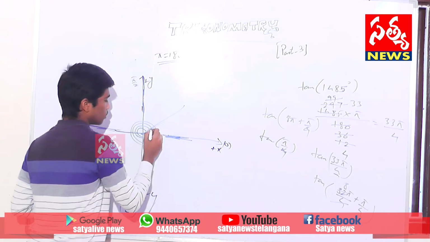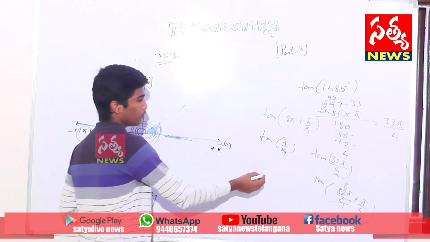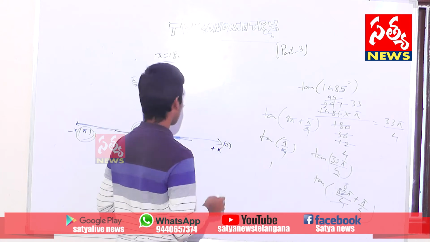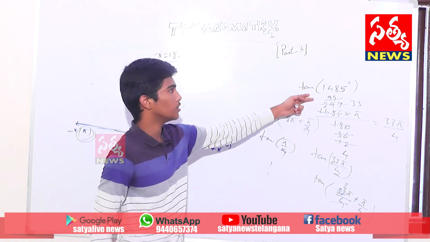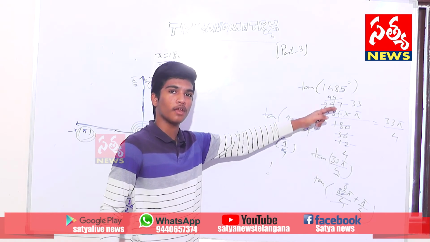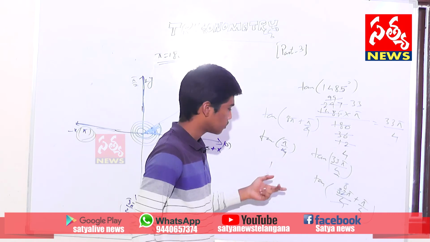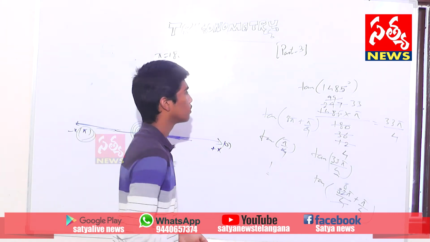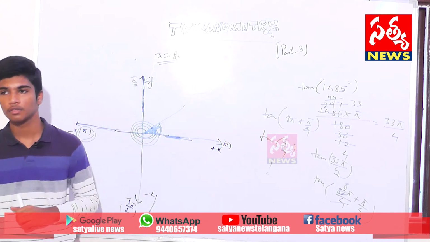So this is the angle pi by 4, and tan pi by 4 is 1. So our answer is 1. See, this is the big value, tan 1485, right? We have converted it into a small tan 45 degrees, which is 1. I hope you are clear.